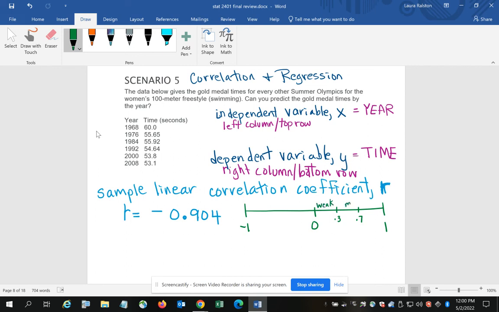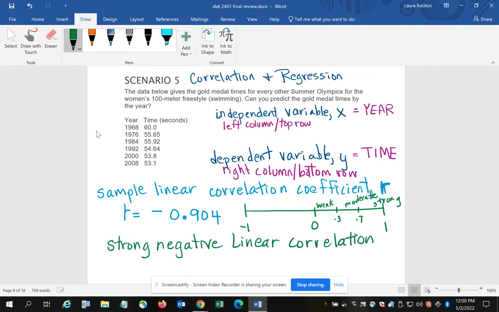Between 0.3 and 0.7, it's moderate. And 0.7 to 1 is considered strong. So my gut tells me that R equals negative 0.904, that I have a strong negative linear correlation.